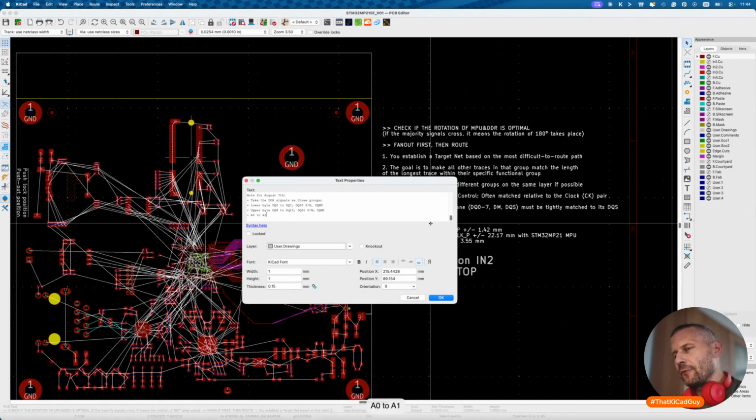A0 to A15, then RAS, CAS, etc., and matched to DQS0, matched to DQS1, matched to clock.